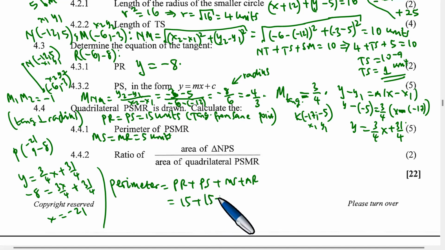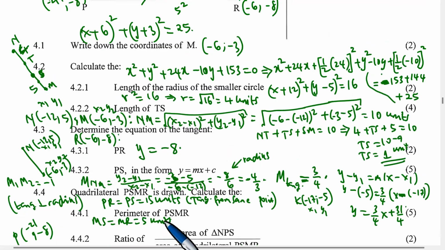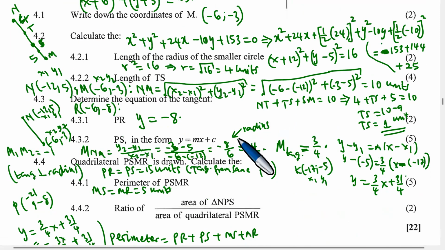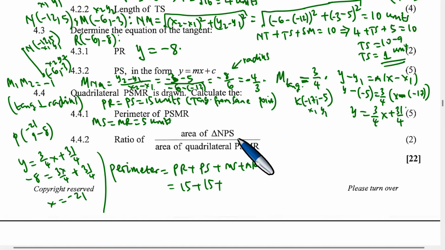It's also 15. And then we get to SM and MR, or RM and MS. MS is 5, and this one is also 5. This is 30 plus.